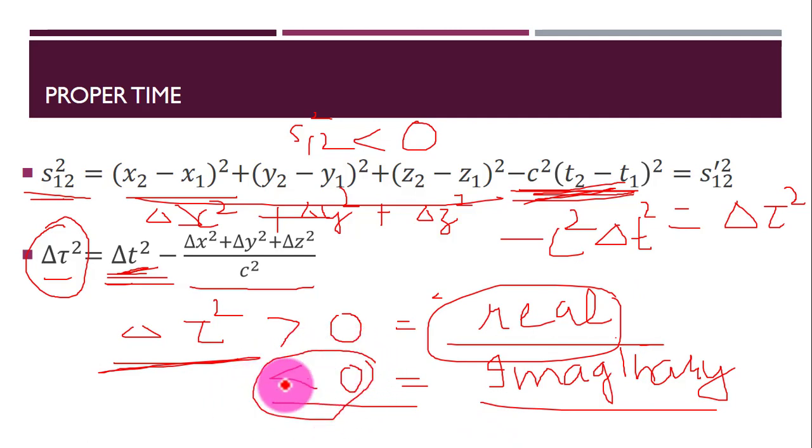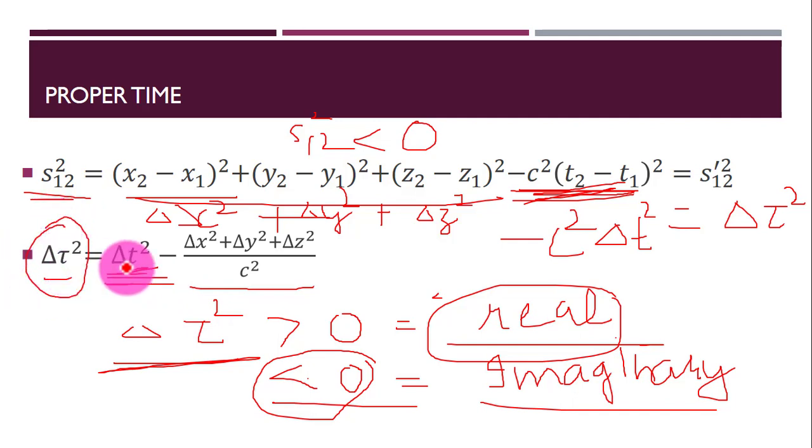So if you define the space-time interval in such a way that your time axis is horizontal and your space axis is vertical, then for the space-like interval the proper time should be imaginary.